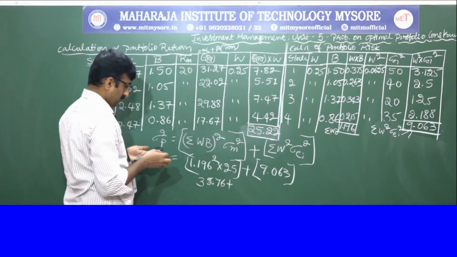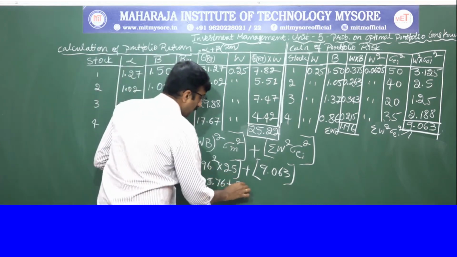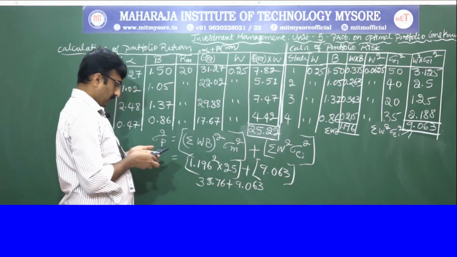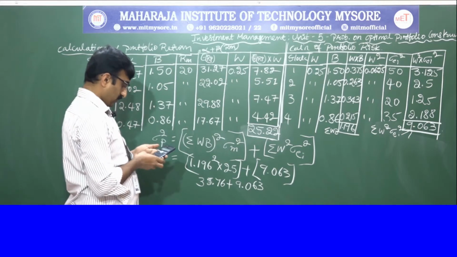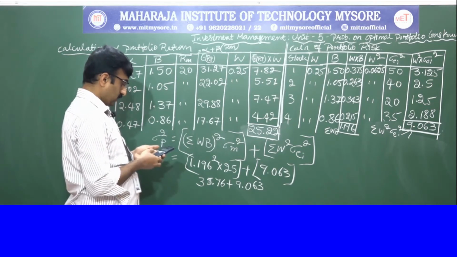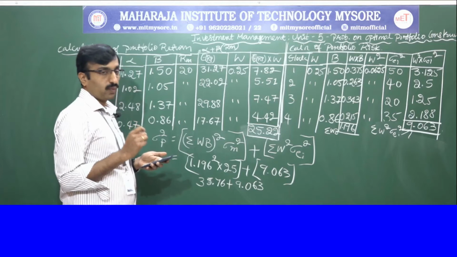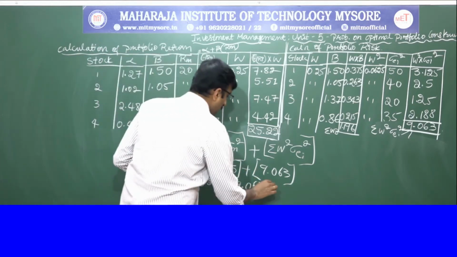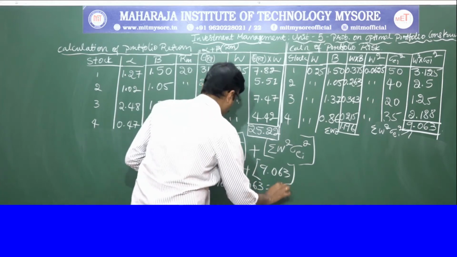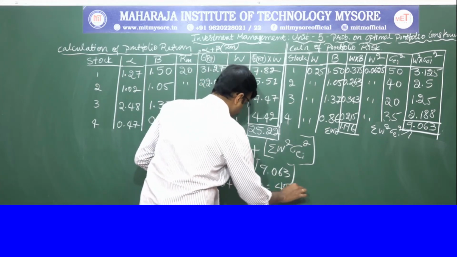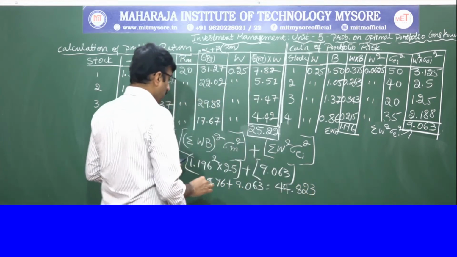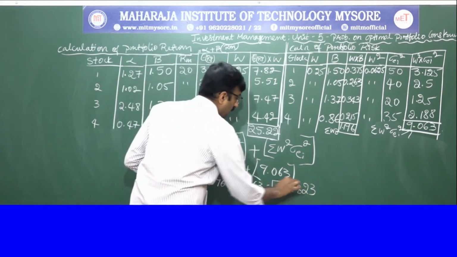Plus 9.063. So, you will get 44.823. Okay. So, you do the root of that.